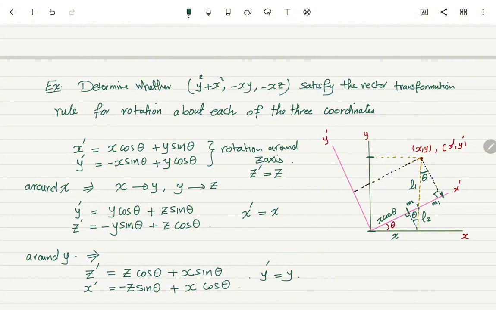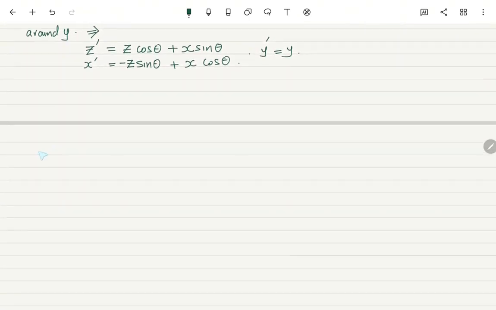Let's start with rotation around the x-axis.